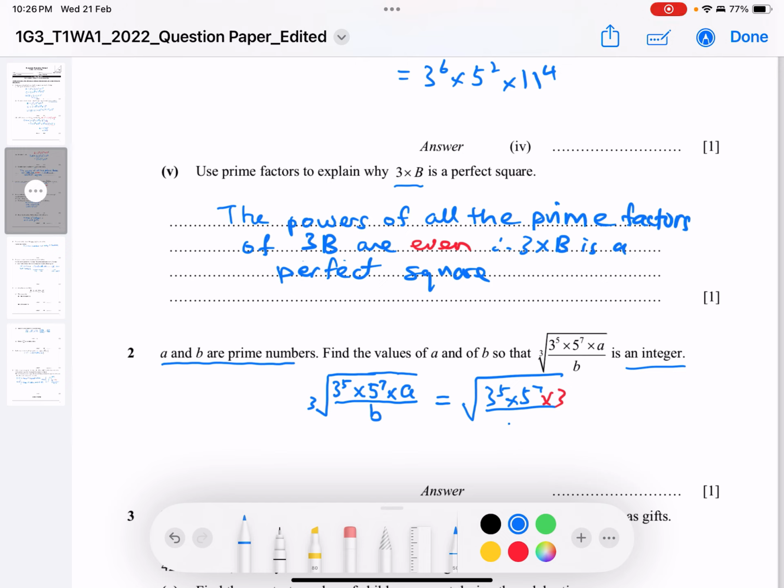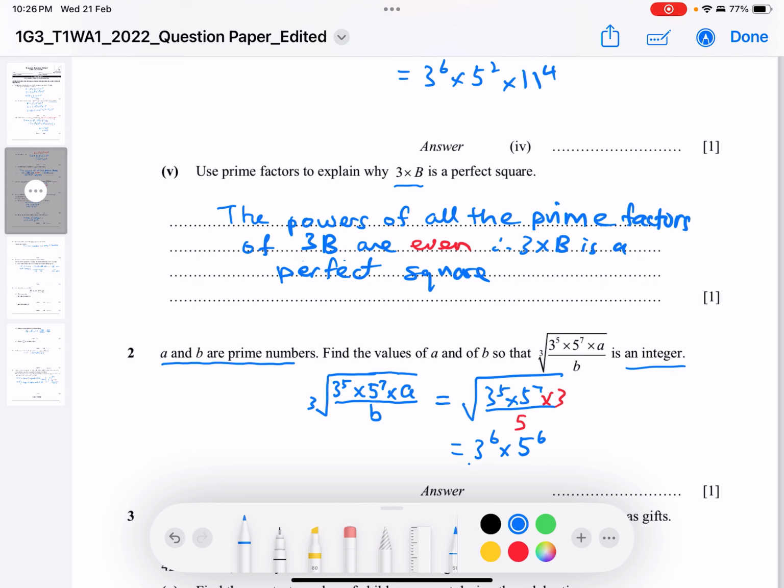And when we divide by B, it reduces the power. So the power that we want to reduce is 5 to the power 7. If we divide by 5, the 5 to the power 7 will become 5 to the power 6. So the result will be 3 to the power of 6 times 5 to the power of 6.